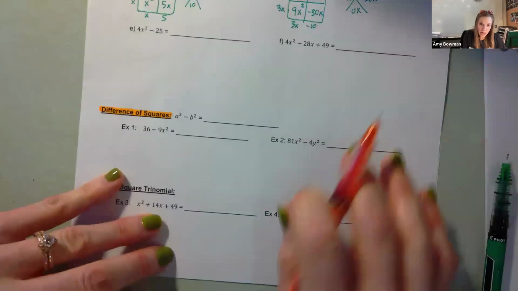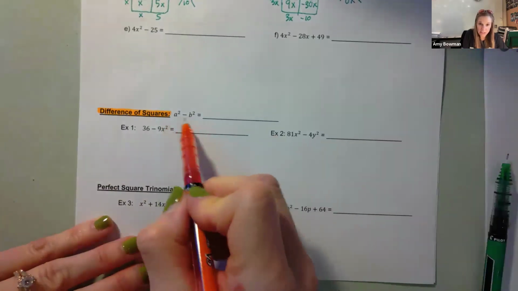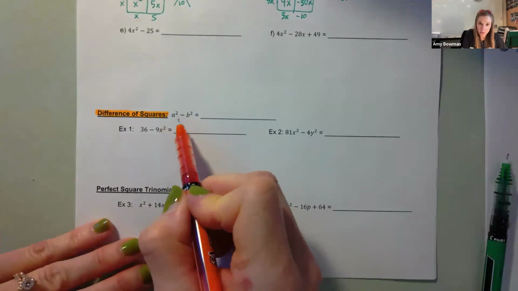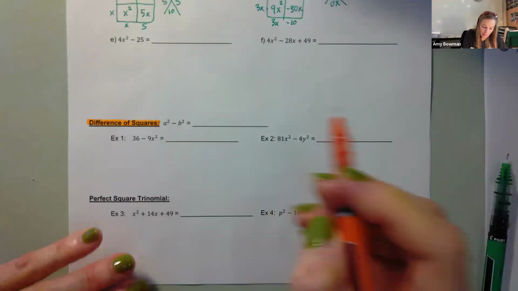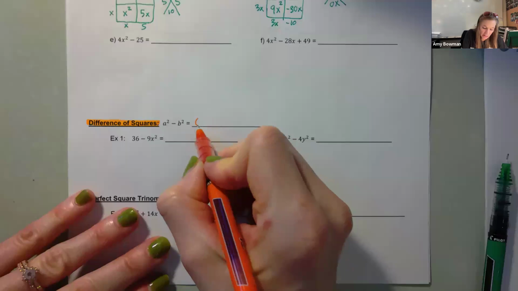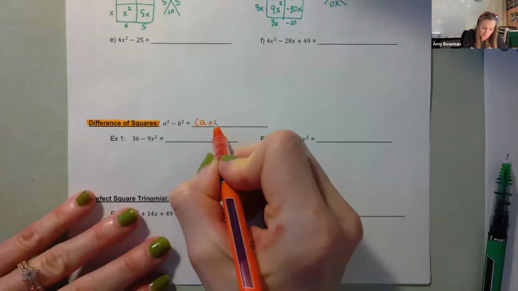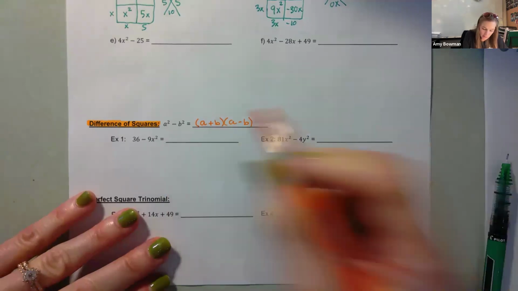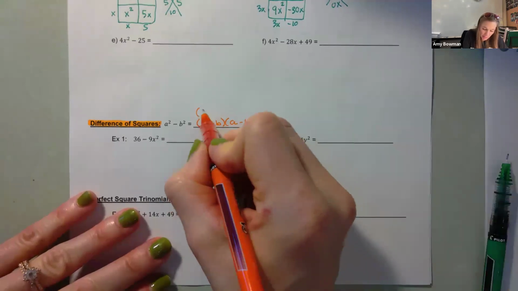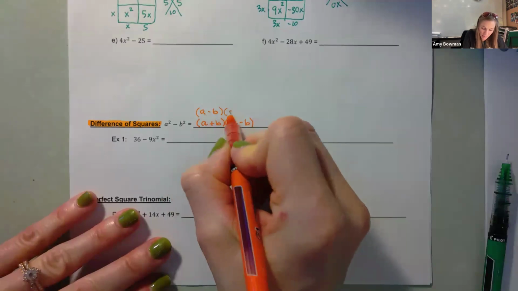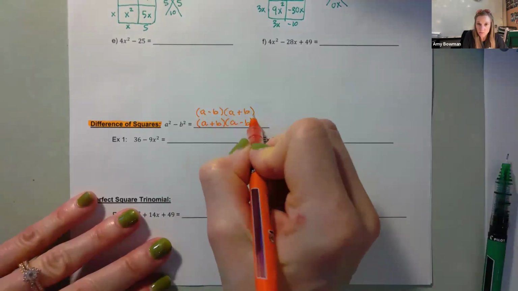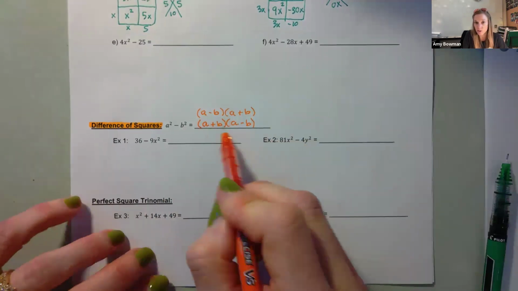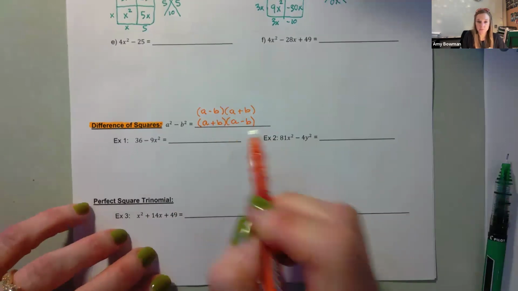So the official formula down here, if you have two perfect squares and it's the difference between them, a squared minus b squared, that factorization will always be a plus b times a minus b. And you can also write, it doesn't matter what order, it could also be a minus b times a plus b. So multiplication is what's called commutative, which means you can switch the order. It doesn't matter.